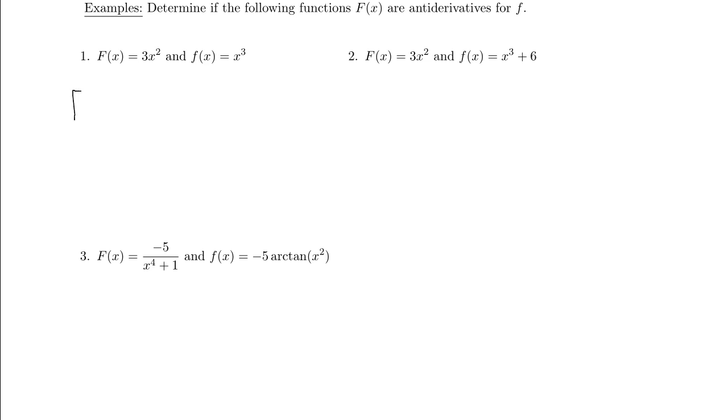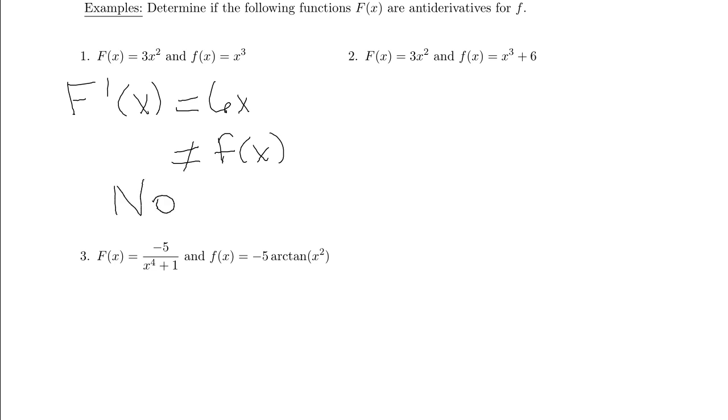If we take the derivative of our capital F function, big F prime, we get 6x. Our little f function is x cubed, so this does not equal little f of x. So this is not an antiderivative.